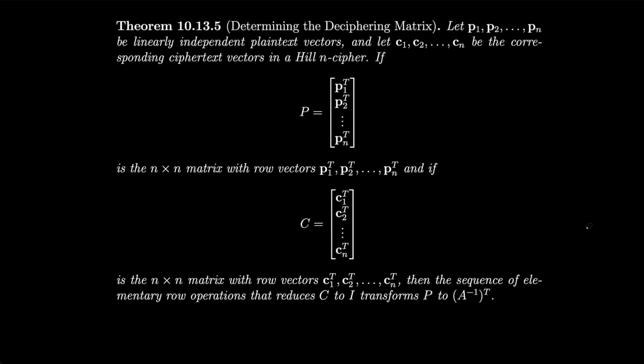If P is the n by n matrix with row vectors P1 transpose, P2 transpose, and so on, and C is the n by n matrix with row vectors C1 transpose, C2 transpose, etc., then the sequence of elementary row operations that reduces C to I transforms P to A inverse transpose. That kind of makes sense: if we're reducing to the identity, of course we're going to get the inverse matrix.